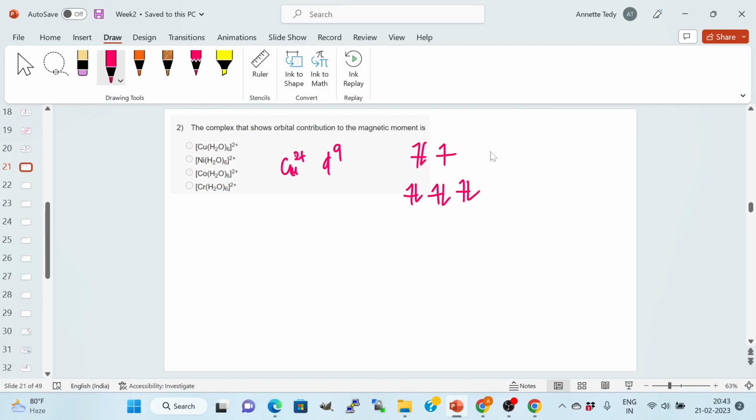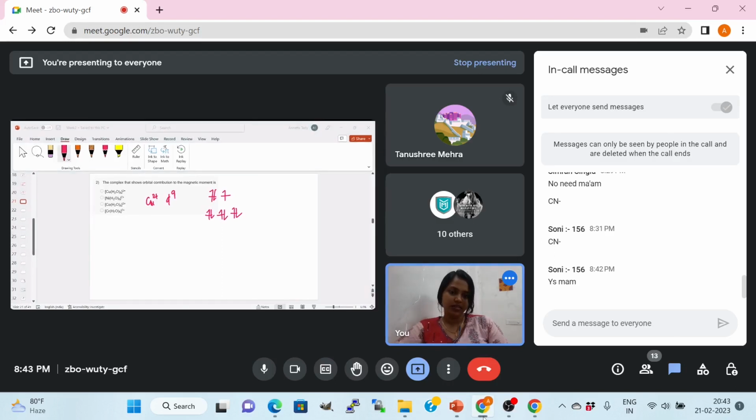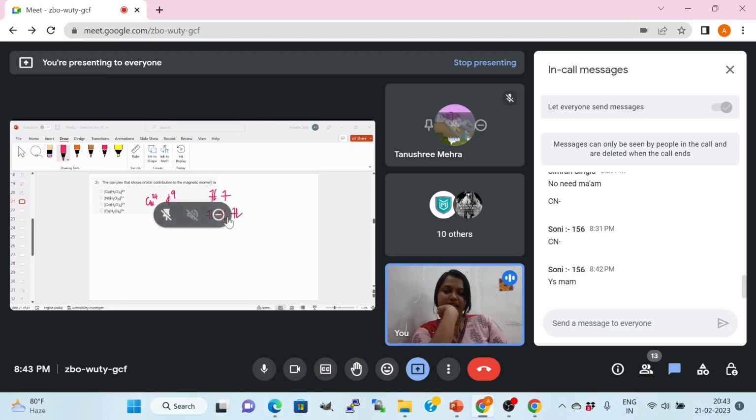Here, will this have an orbital contribution or not? Can you put it in the chat box? Okay, so you're saying that it has orbital contribution. I am not asking about the Jahn-Teller distortion, I am asking about the orbital contribution to the magnetic moment.